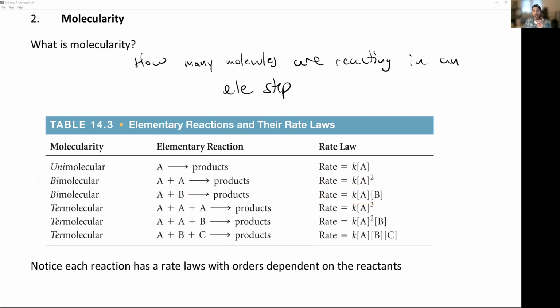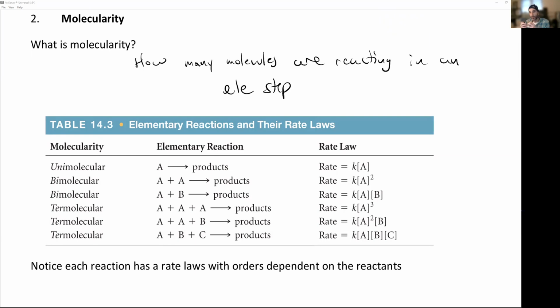Fair enough. Termolecular reactions. In order for a termolecular reaction to occur, I would take 3 of you and you would have to have all 3 of your baseballs or whatever balls you have connect at the exact same time. That is a termolecular reaction.